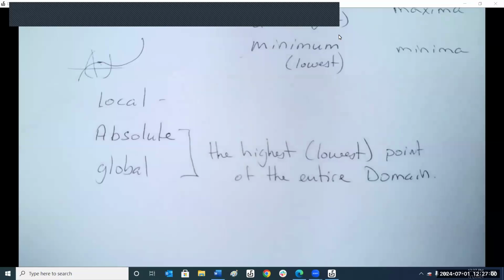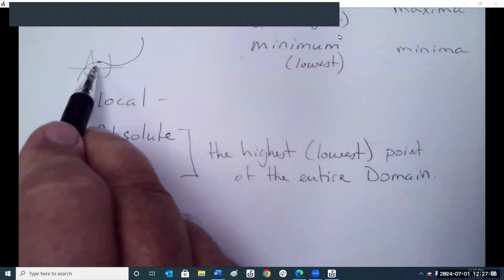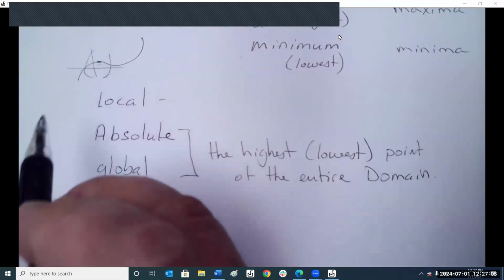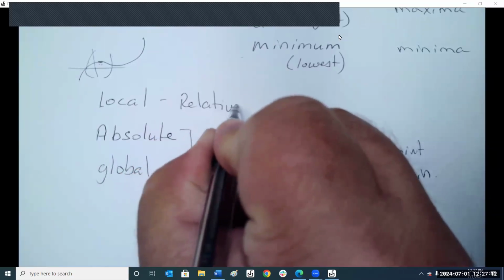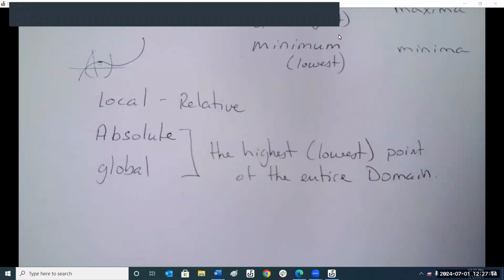But it's, let's say, a big fish in a small pond. So it's the highest of that small interval, which we also call relative. Relative extrema, which means it's the highest or lowest point in a smaller domain, in a subdomain.